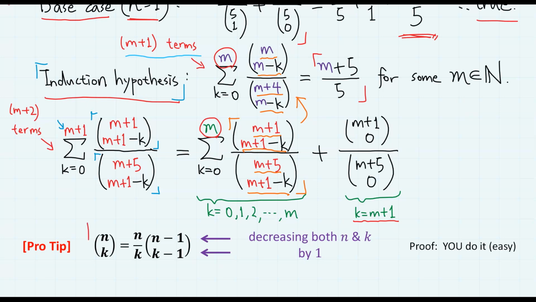We must convert these into expressions that are present in our induction hypothesis. Therefore, now let us use this property of binomial coefficients. n choose k equals n over k times n minus 1 choose k minus 1, which can decrease both n and k by 1.